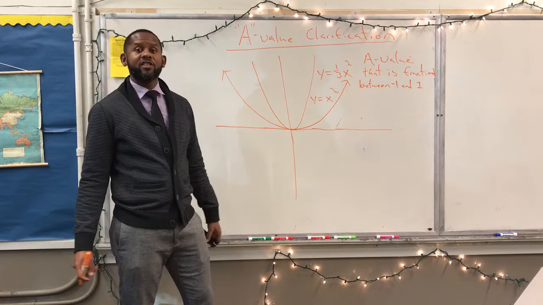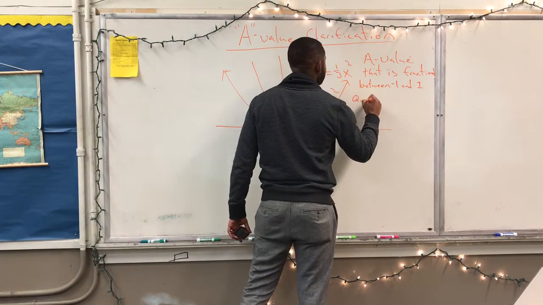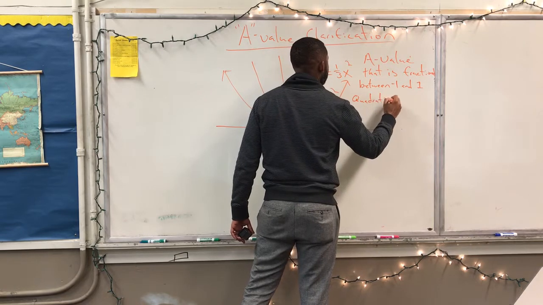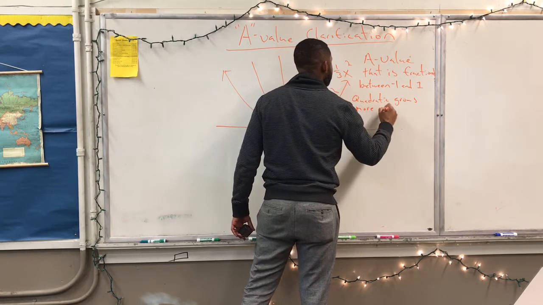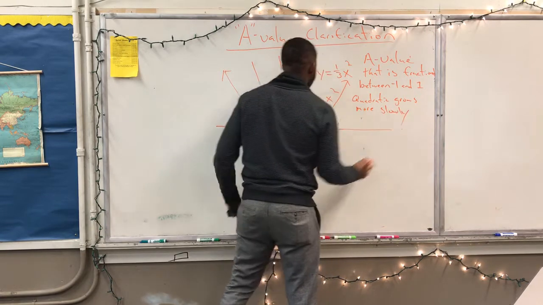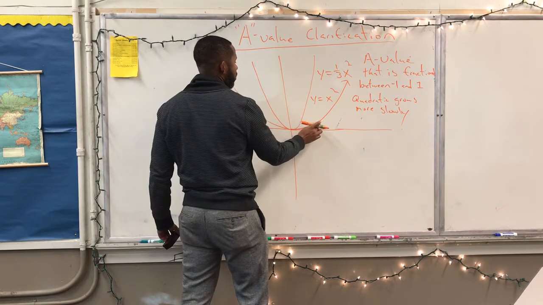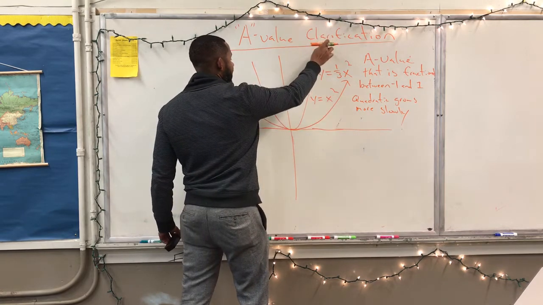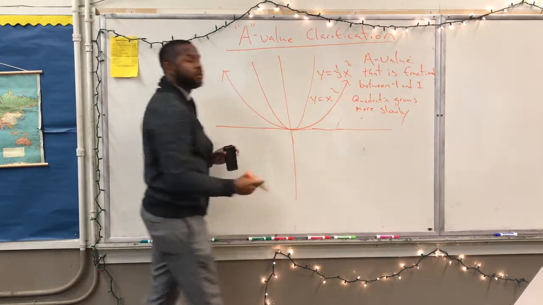It's a fraction or it's a decimal. That means that the quadratic grows more slowly. Okay? It's taking longer. I have to go farther out here to get higher on the y-axis because it's growing more slowly. So the quadratic is wider. Okay?